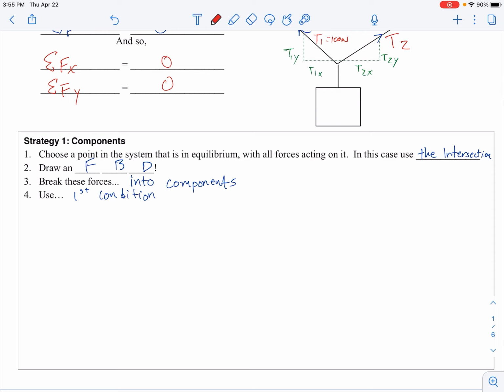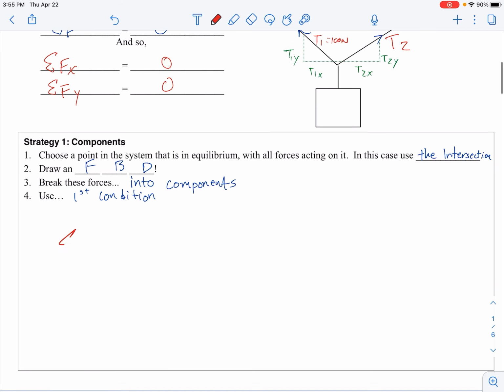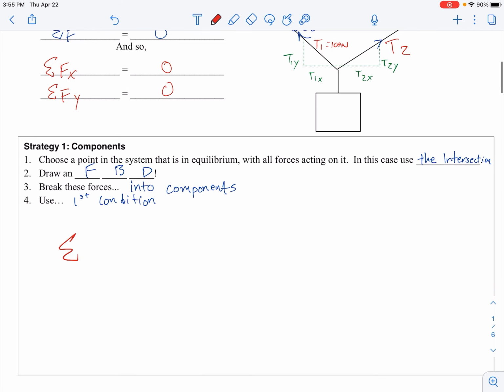First off, if we look at our forces in the x direction, T1x and T2x, our total forces in the x direction would equal T2x minus T1x, which is equal to 0, right?